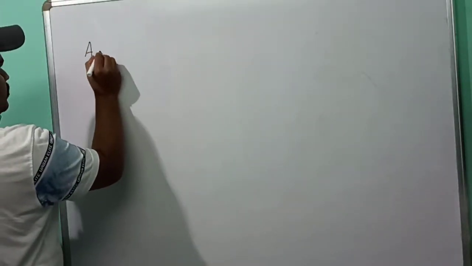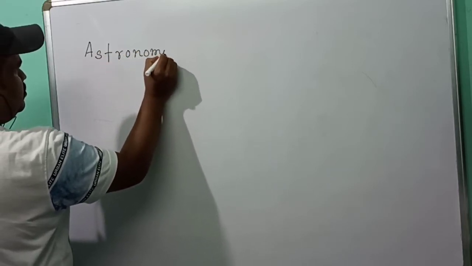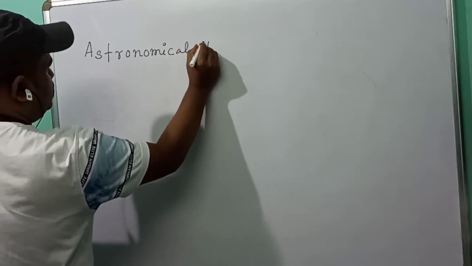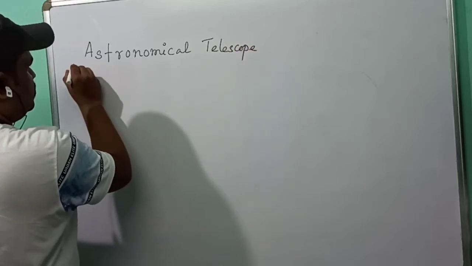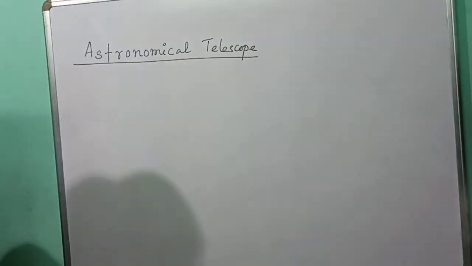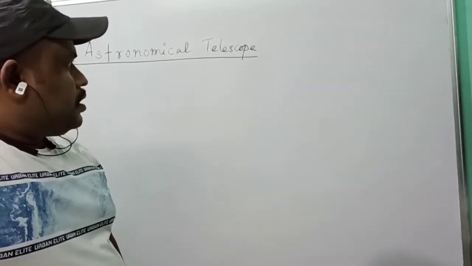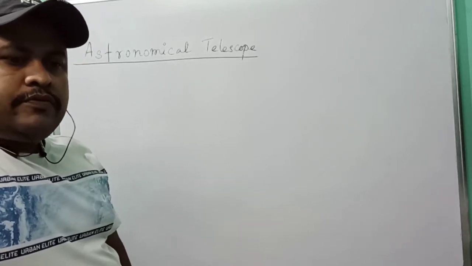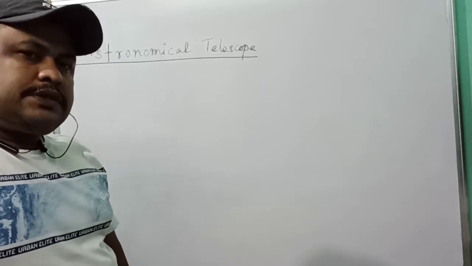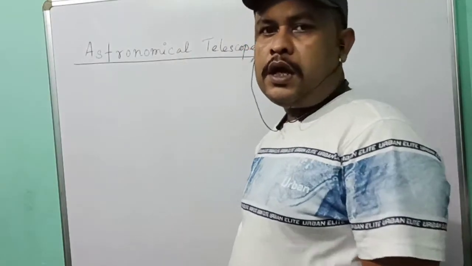Okay, that is the astronomical telescope. This telescope is mainly used to see images of an object which is at infinity or at a very far distance from us.